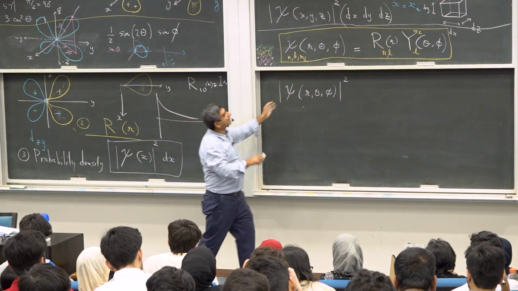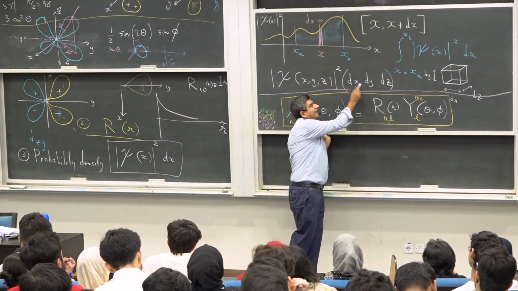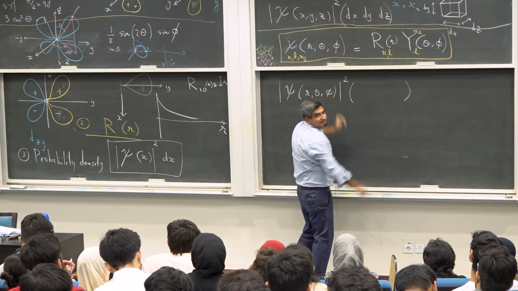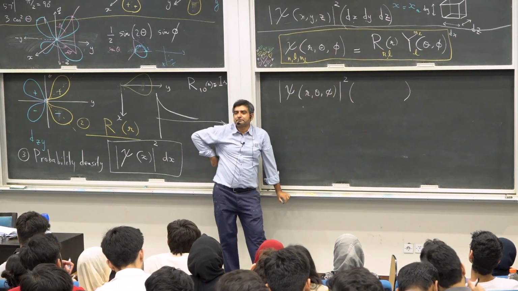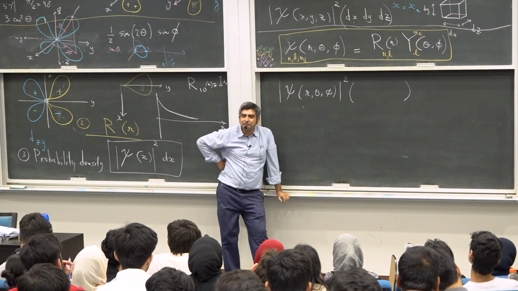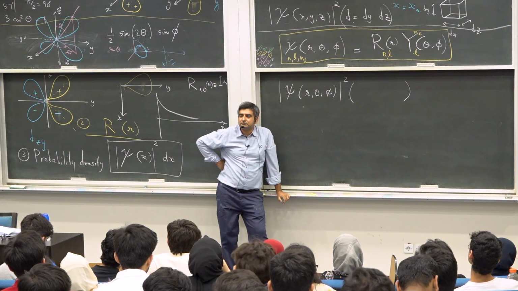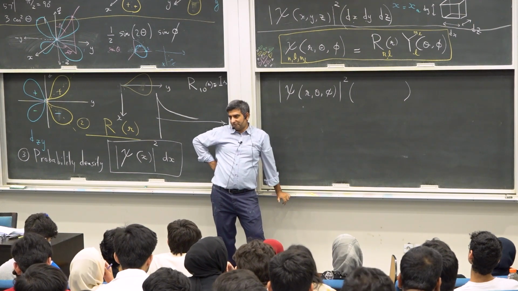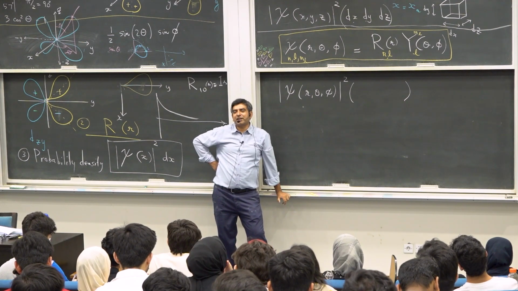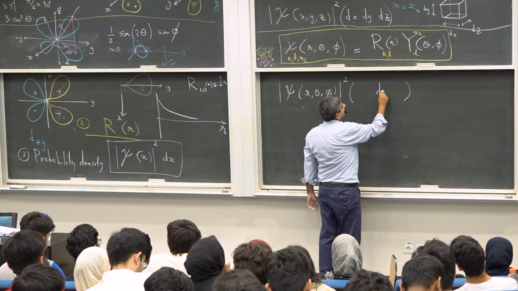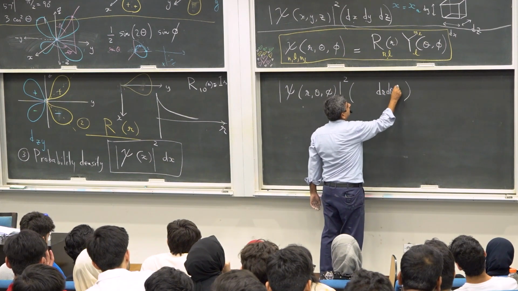So what is the counterpart to dx, dy, dz? What's the volume element that I write here? Volume of sphere? So the naive, innocent answer is dr, d theta, d phi.